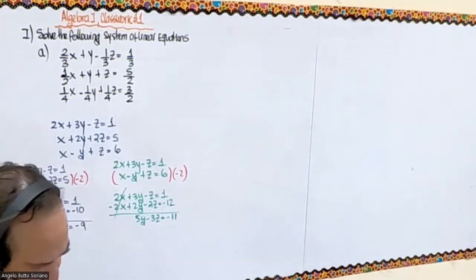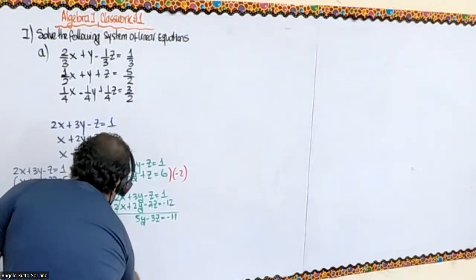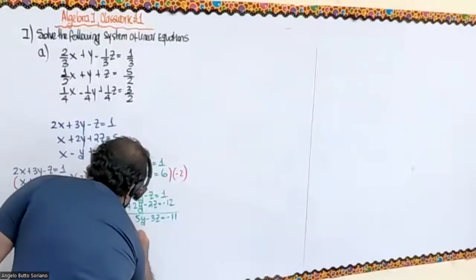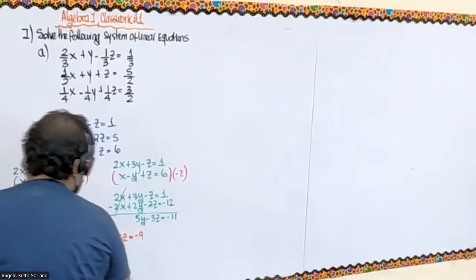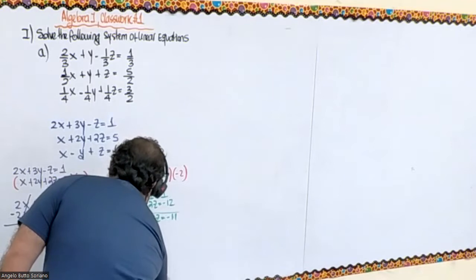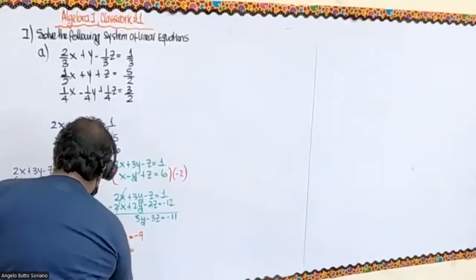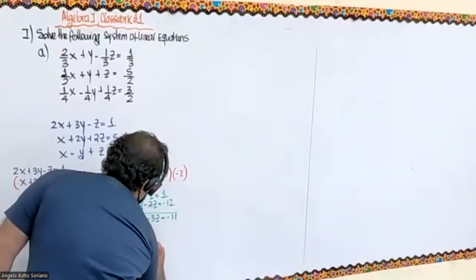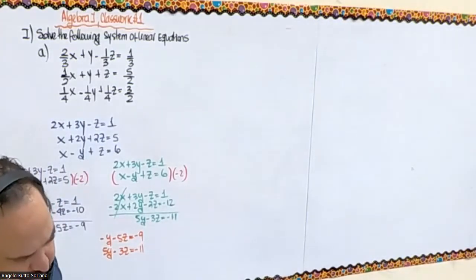And now we can take the purple one with the green one, if you wish: negative y minus 5c equals negative 9, and also 5y minus 3c equals negative 11. Okay, how can we proceed with this equation?